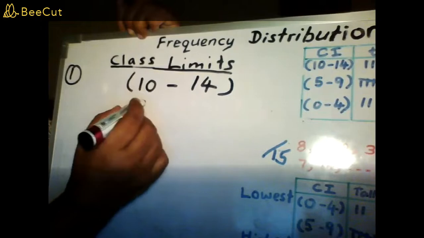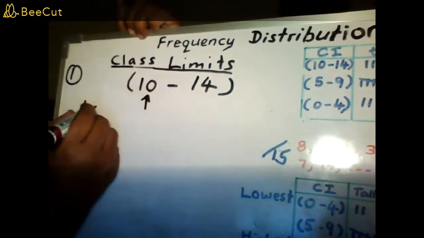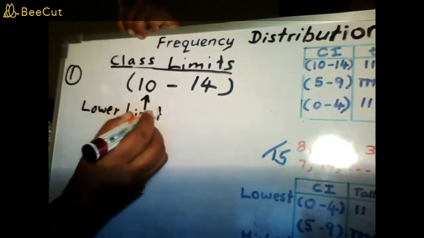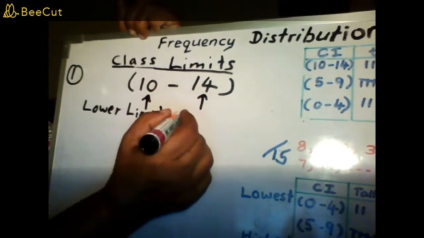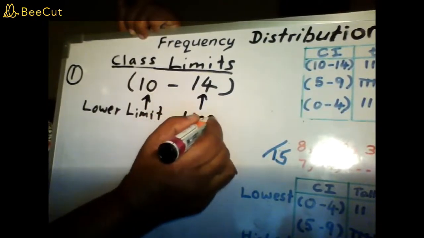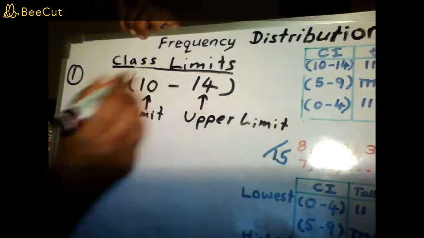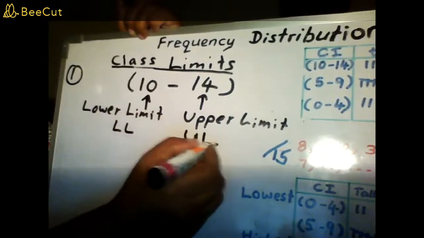This one we call the lower limit, and this one the upper limit. Lower limit, upper limit.